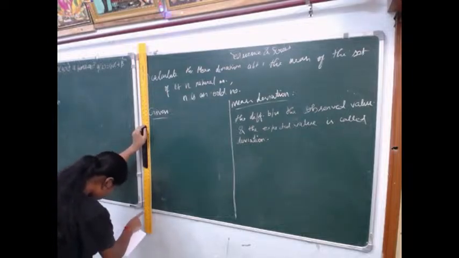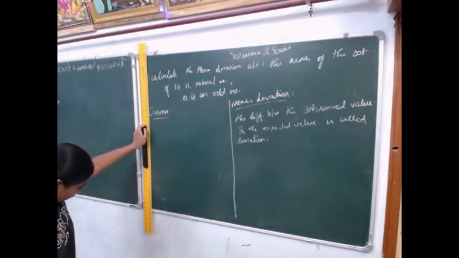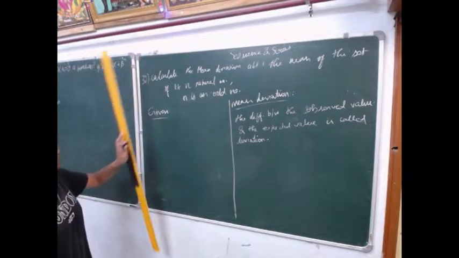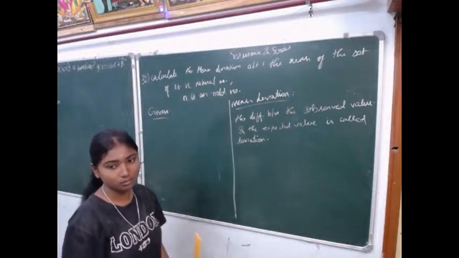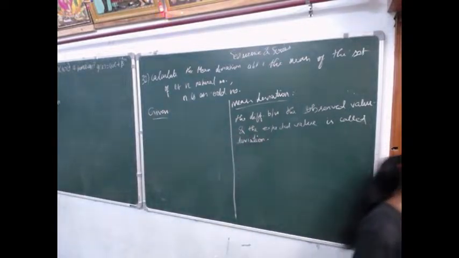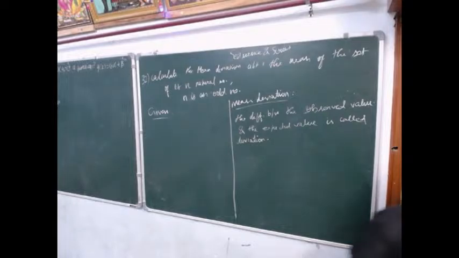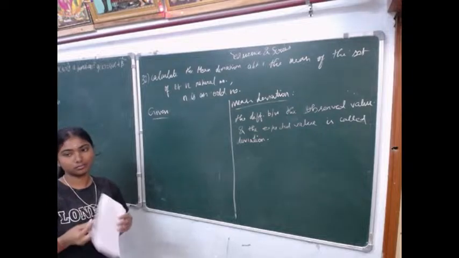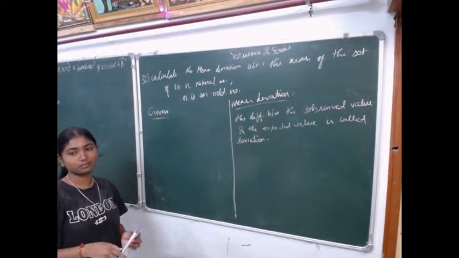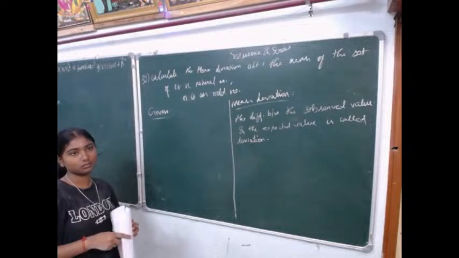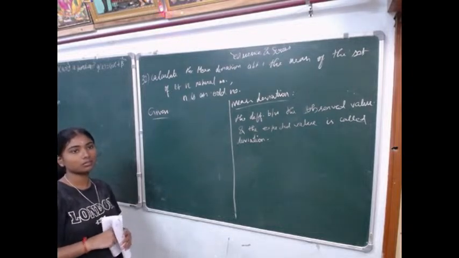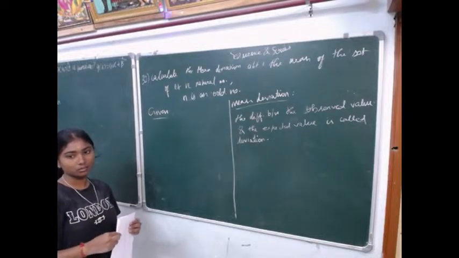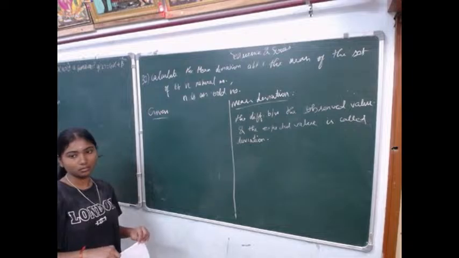How many inches? 35. 35 inches. Let me say the correct value is 36. One girl will come and study and report as 35. Another girl 35.6. Another girl 35.3. Another girl 36.1. Likewise, the observed value may be different, but there will be one reference value, and that is the actual value. It is the expected value. The expected value is 36, but everyone reports different values. So there is some deviation. Do you understand? I hope now you should be able to understand the difference.